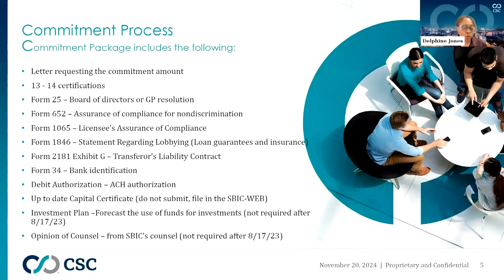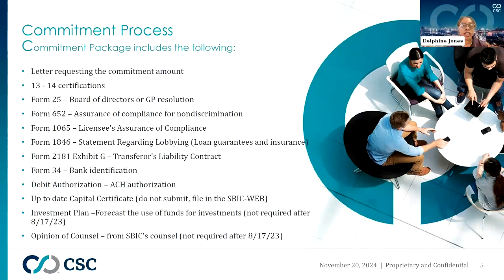And one other thing I wanted to mention is that you're going to get your initial license, and in your license approval letter, the SBA will tell you what their intended leverage commitment amount is. That is an amount based on your application with the SBA. So based on that information, they will tell you that you're going to get up to maybe 2 times your regulatory capital with a maximum of 175 million.